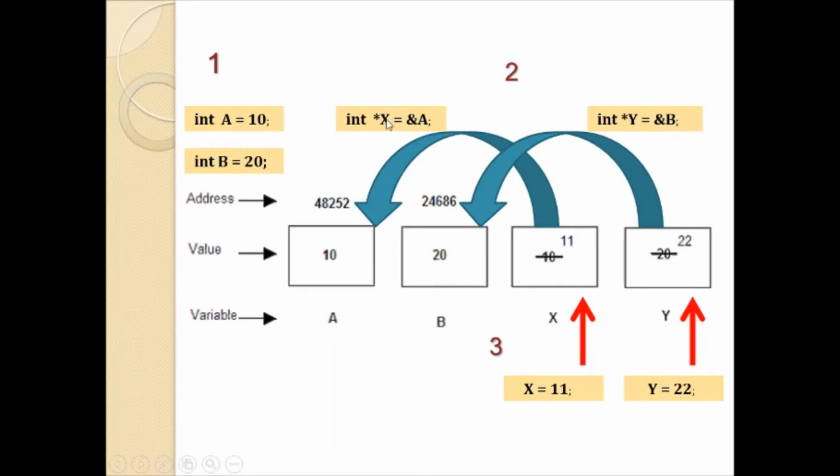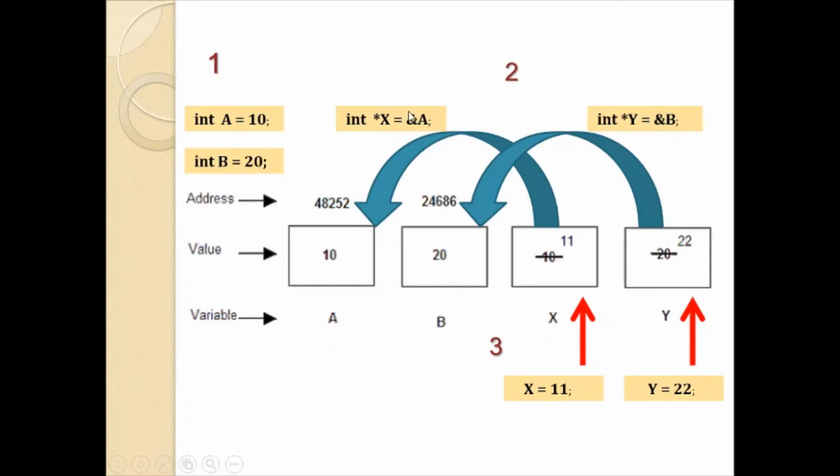Here you can see this is a new type of variable you are seeing. So the variable along with the symbol asterisk is nothing but a pointer variable. Whenever you want to store address of any variable, the address of variable should be stored in a pointer variable. So this is how you are going to declare a pointer variable. Pointer variables are declared with an asterisk symbol.